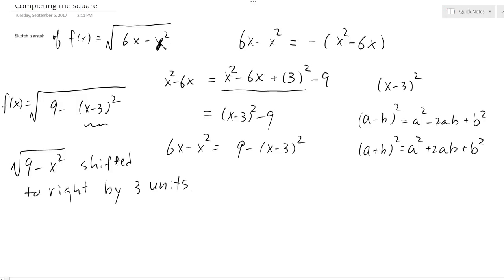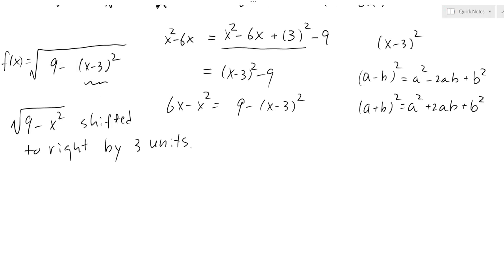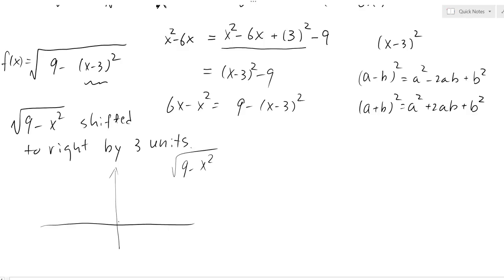So if we want to draw a diagram for this function, we can start from the standard circle equation, which is the square root of 9 minus x squared. That's the one we have over here with radius 3, and that's a circle.